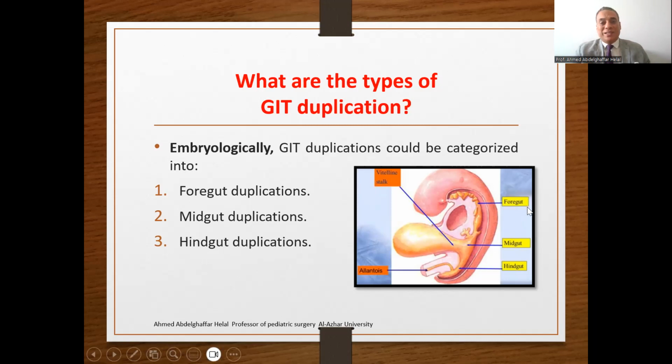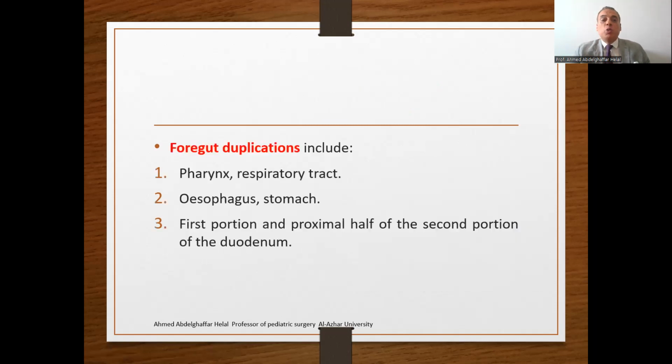We have foregut duplication, related to the foregut part of the primitive gut, then midgut duplication, related to structures derived from the midgut, and finally hindgut duplication. Foregut duplication includes some part of the respiratory tract, the esophagus, the stomach, the first portion and proximal half of the second portion of the duodenum, and ends at this point.